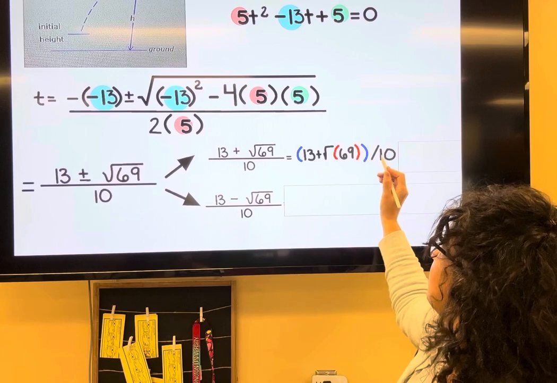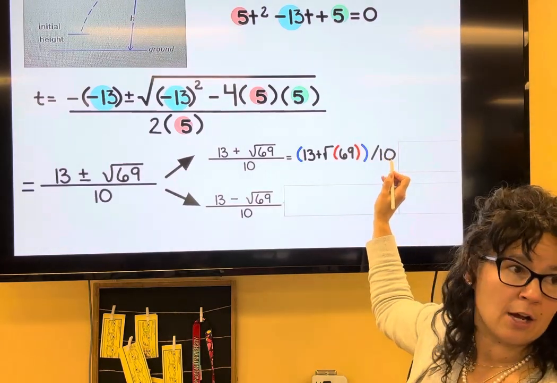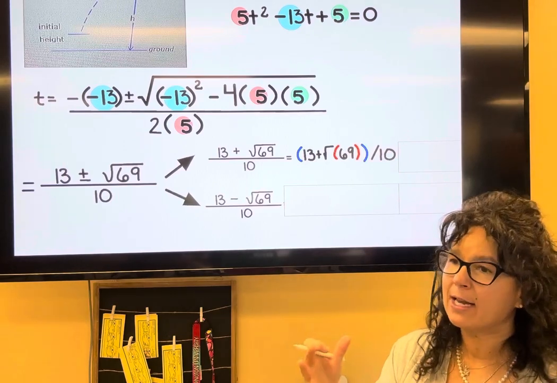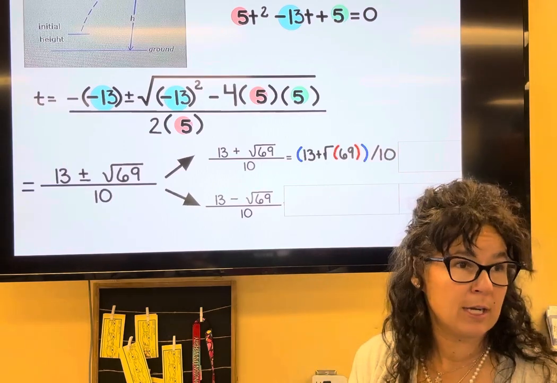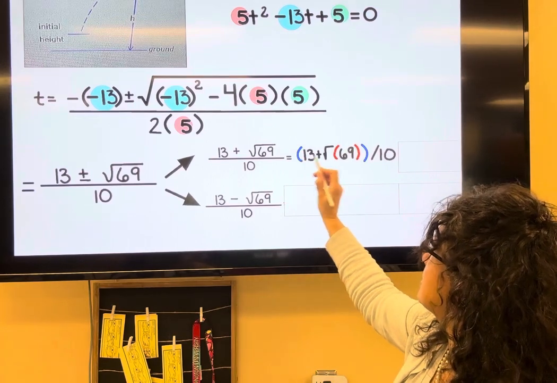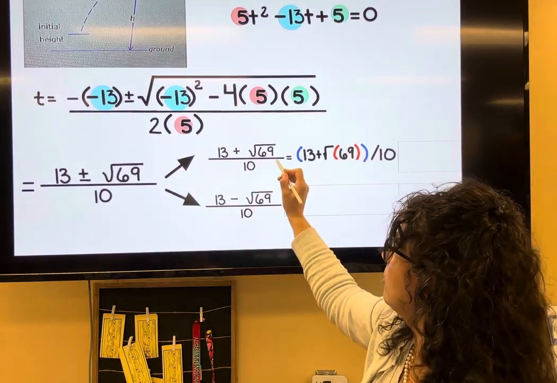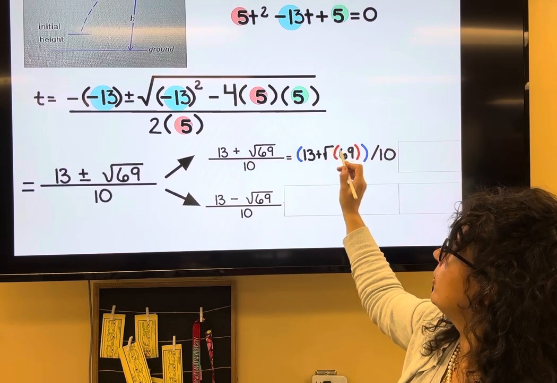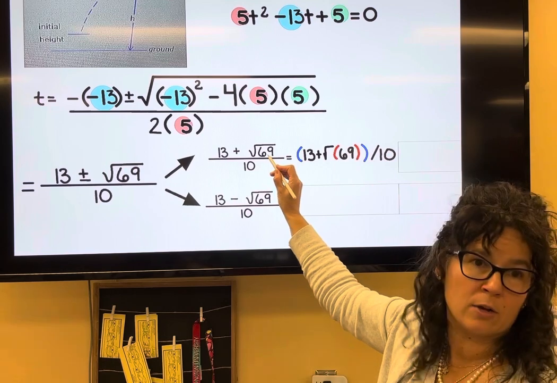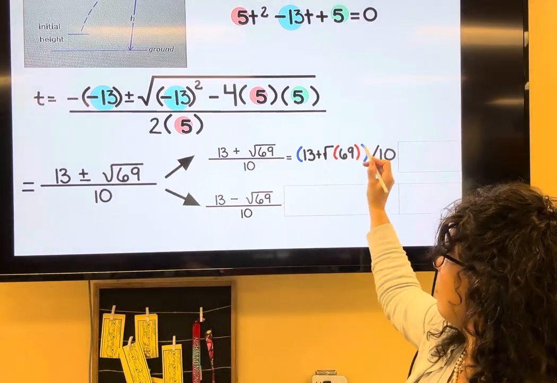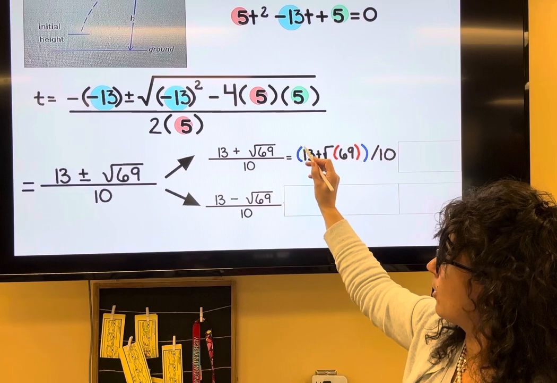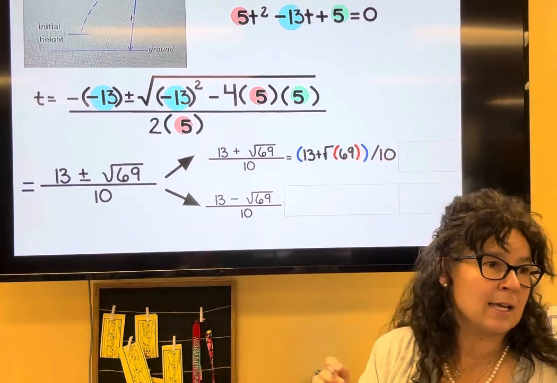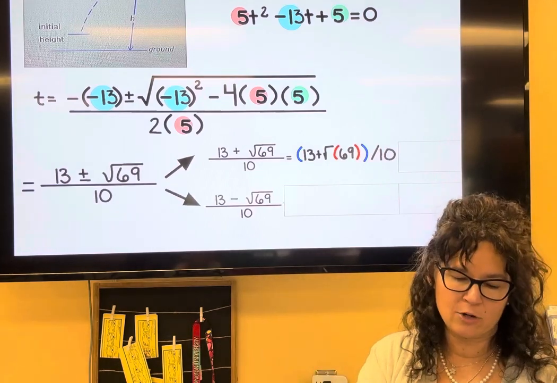I did not put an extra set around the denominator because it was simply the number 10, so I don't need that extra set, but it won't hurt if you put it in. I put a set of parentheses around my numerator, and I have 13 plus the square root. As soon as I type square root, I need to put a set of parentheses around what's underneath there, and that parenthesis is coming from the parenthesis in front that's grouping the numerator together. Divided by 10. Again, if you want to put an extra set around the denominator, you sure can.